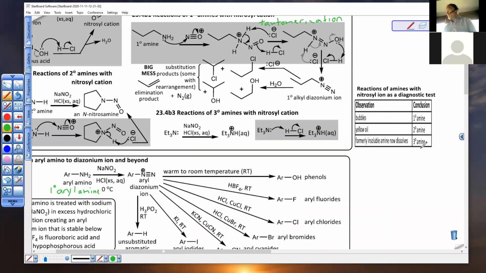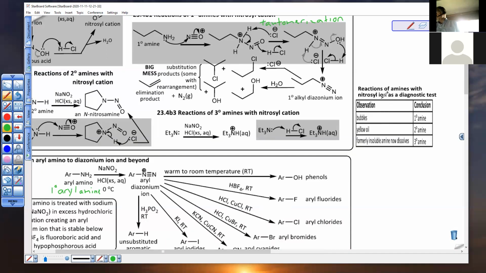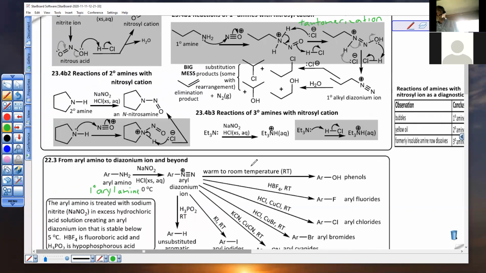So what would your conclusion be if you saw something that wasn't dissolved suddenly dissolve? You'd say, oh, I must have had a tertiary amine. If you saw yellow oil, you'd say, ah, I must have had a secondary amine. If you see bubbles, you'd say I had a primary amine. And that's nitrosyl ion with alkylamines, usually a diagnostic test, not useful for synthesis.